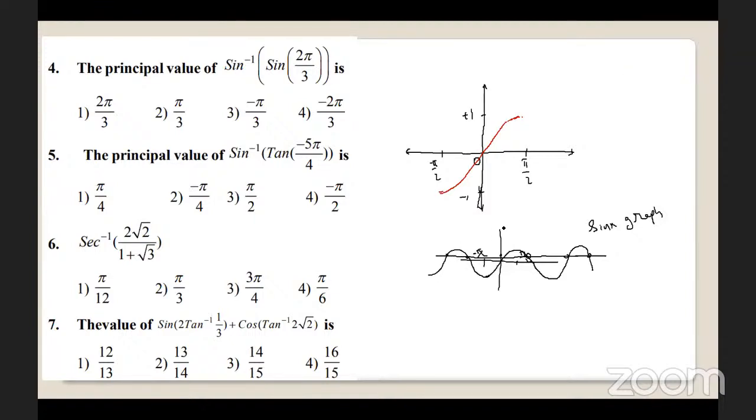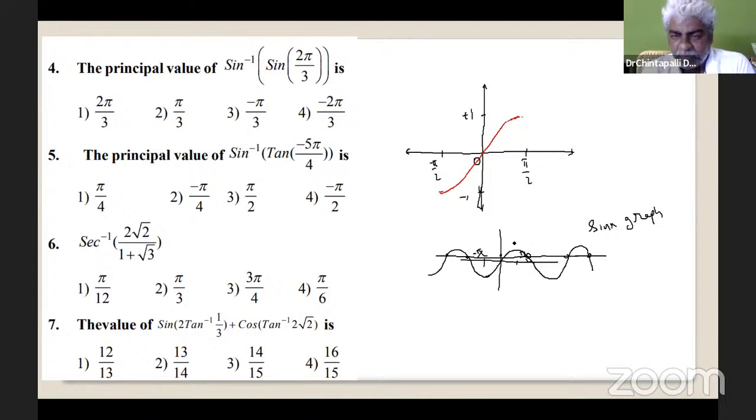If a line parallel to the x-axis meets the graph at more than 1 point, it's not 1, 1.